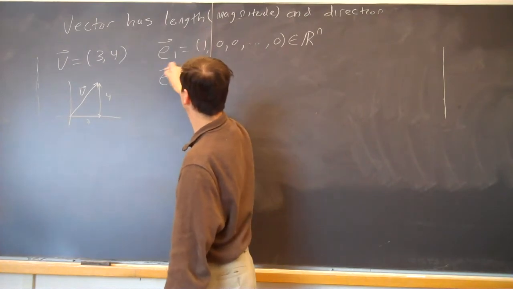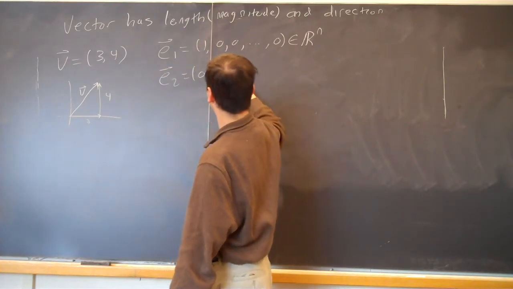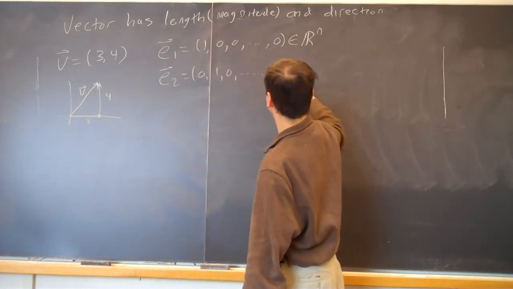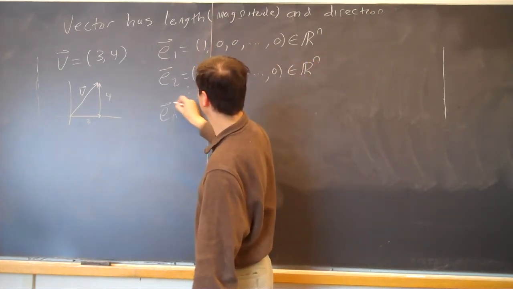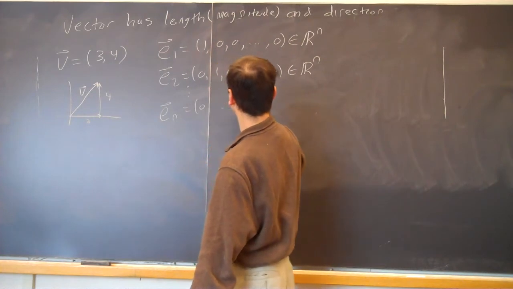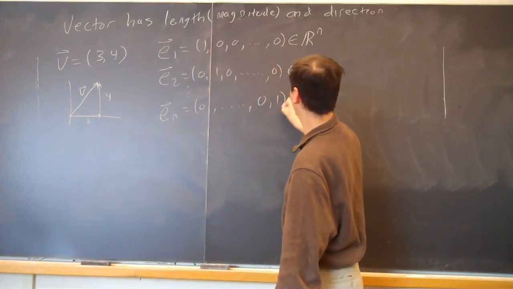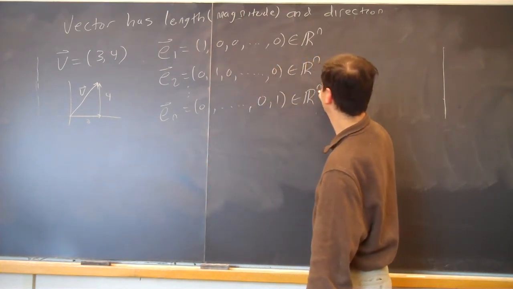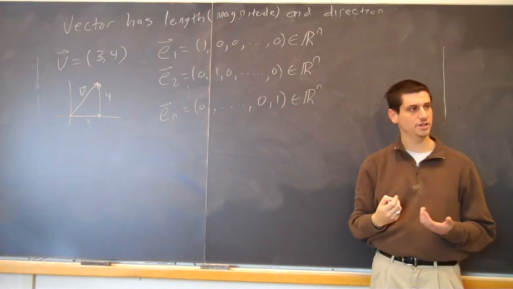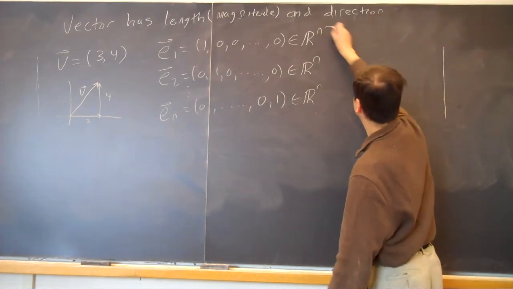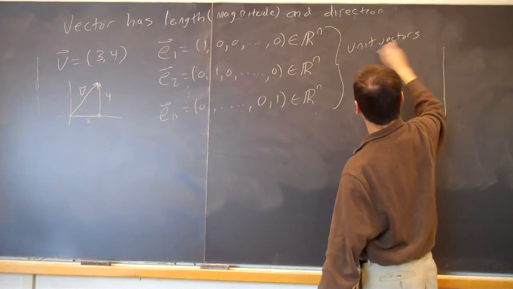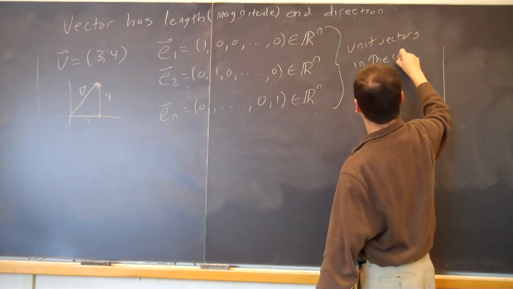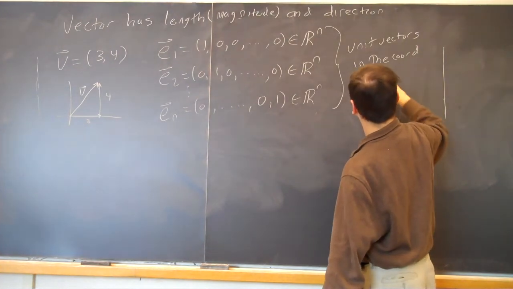I'll let E2 be the vector 0, 1, 0 in Rn. All the way down to En, which is 0, 0, 1 in Rn. So these are unit vectors in the coordinate directions.